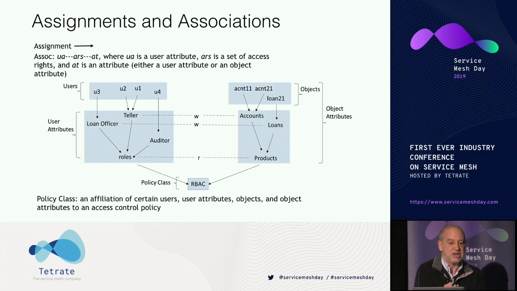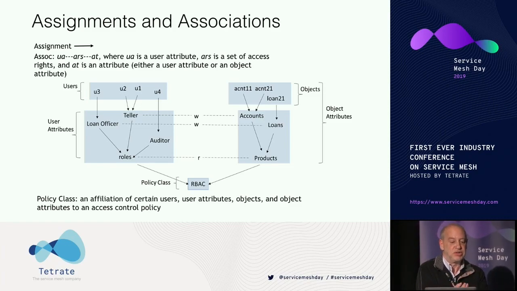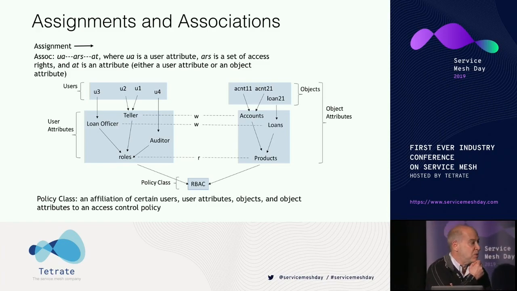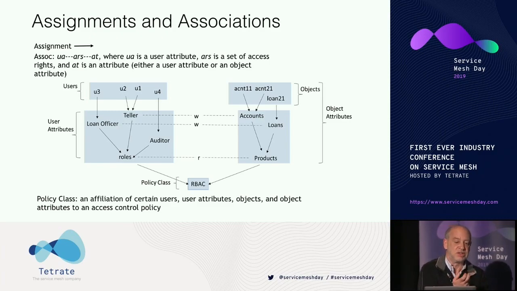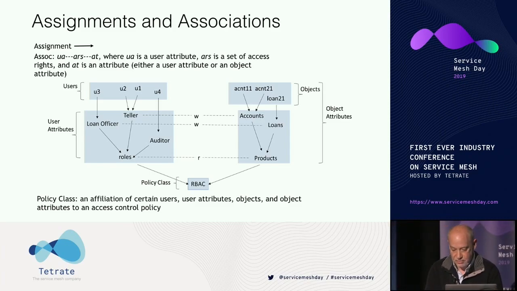Any characterization of an object can be represented through an object attribute. And object attributes and user attributes can contain other attributes. And finally, at the bottom, we have a policy class, which is just a mapping of users and user attributes, objects and object attributes into a policy of concern.